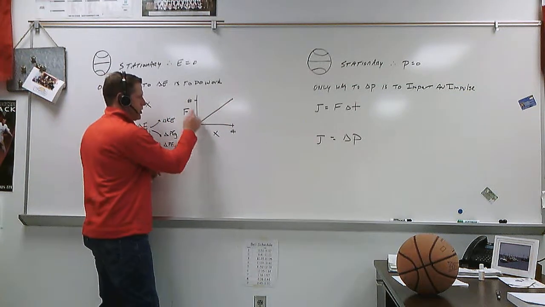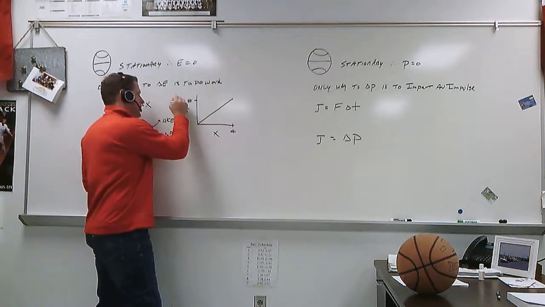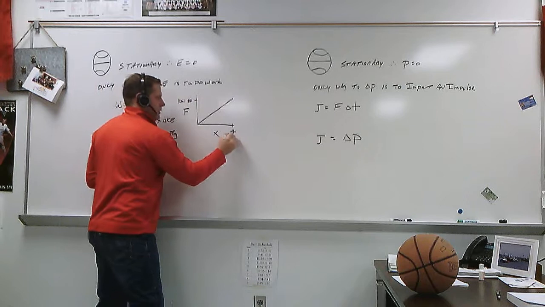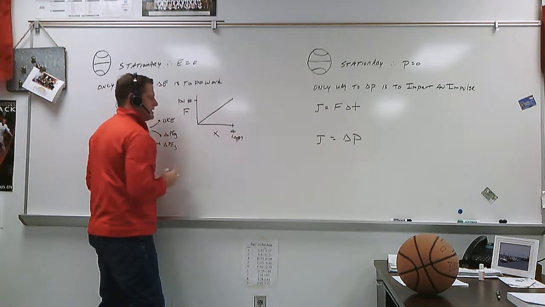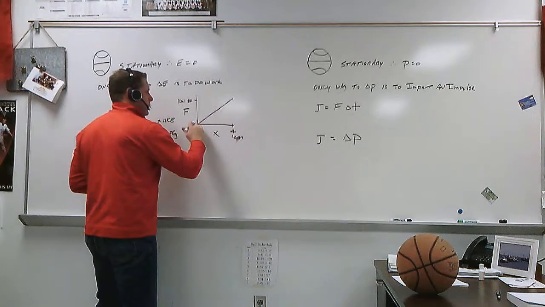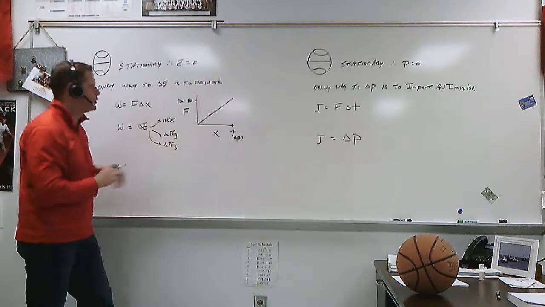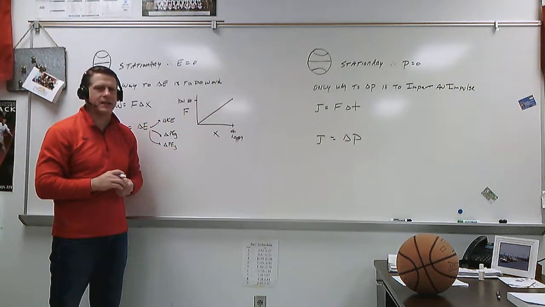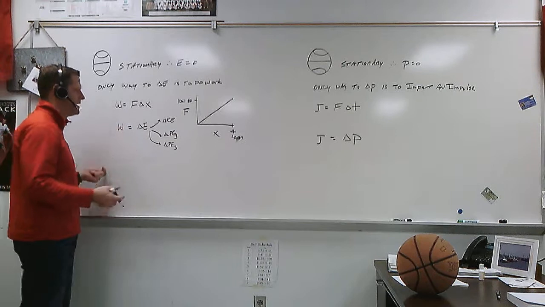So we're not pushing with 10 newtons of force for an entire 10 meters. Instead, I'm pushing with less than 10 newtons for most of the distance, and I don't reach the 10 newtons till the very end. So it doesn't make much sense for us to calculate work the exact same way.